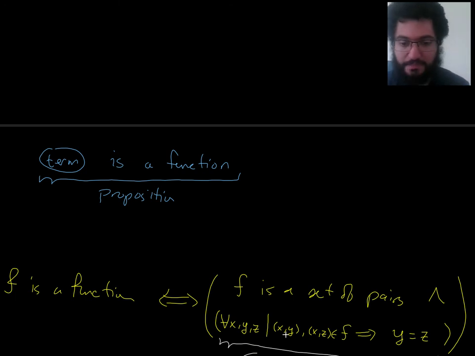However, here's maybe a smoother way of saying it. Anytime you have 2 pairs in F whose first positions are the same, their second positions, which are these y and z, must also be the same. So this says anytime you have 2 pairs in F with the same first position, then they must have the same second position.